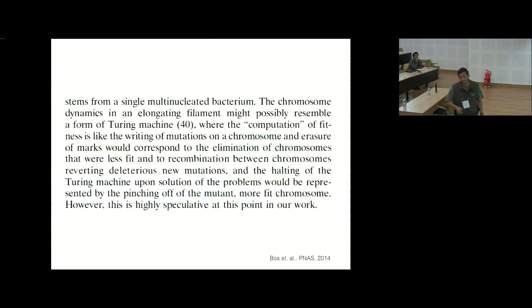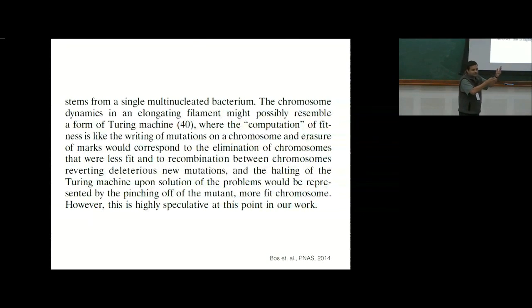Okay? So their claim, which I find very provocative but very interesting, is that because it's producing multiple copies of the chromosome inside this extremely long cell, it's producing mutant copies of the chromosome, and eventually it finds one which is resistant.